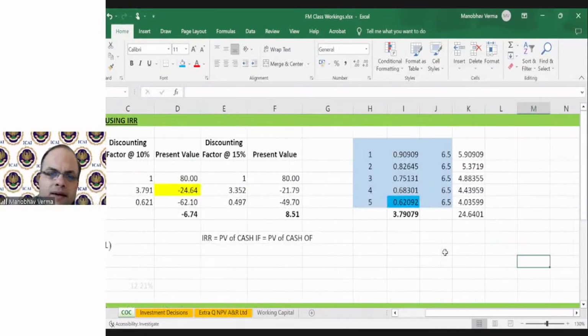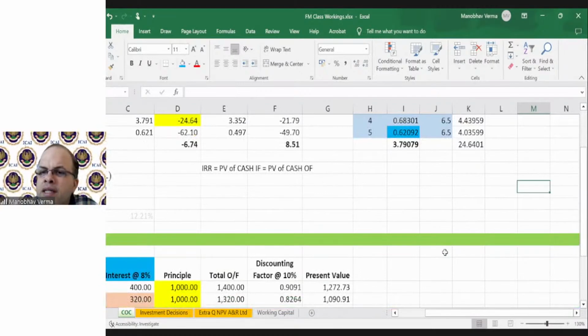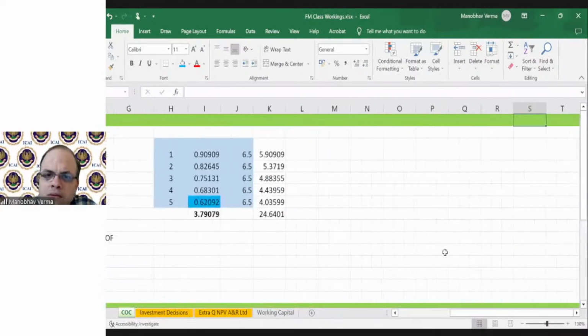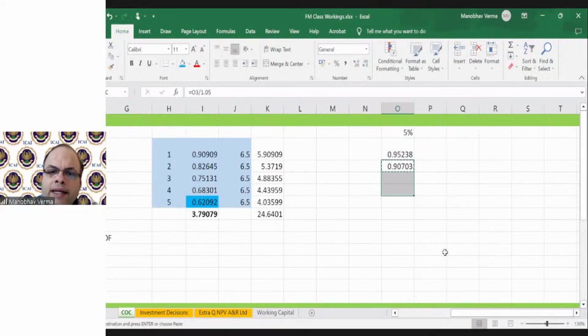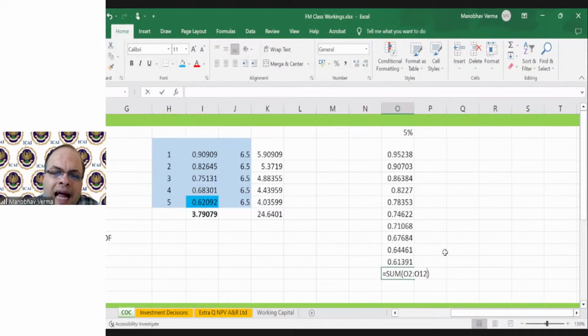So let's say we are looking at 5% here. So we're looking at 1 upon 1.05. We are again dividing it by 1.05, and we probably do it 10 times.